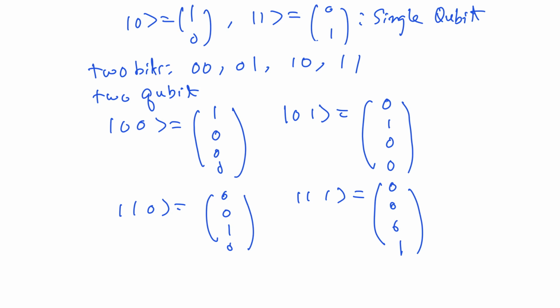So how do we define this 2 qubit state? We need another mathematical tensor product, but probably you don't want to learn, right? So let's just say we can define 2 qubits in this way.